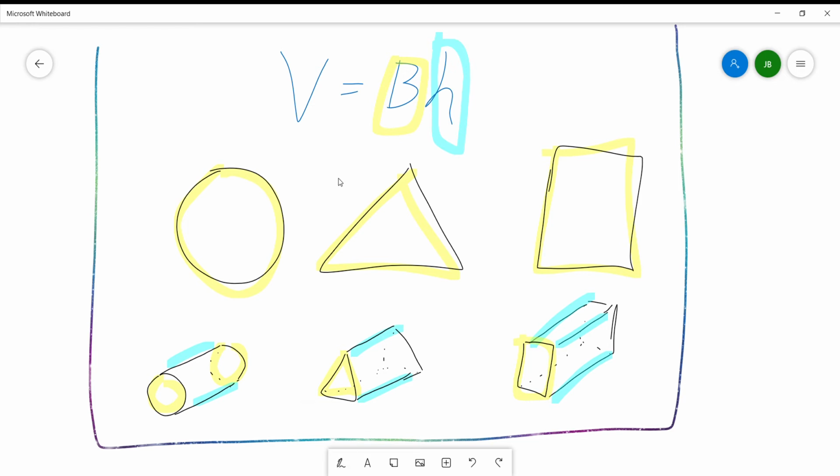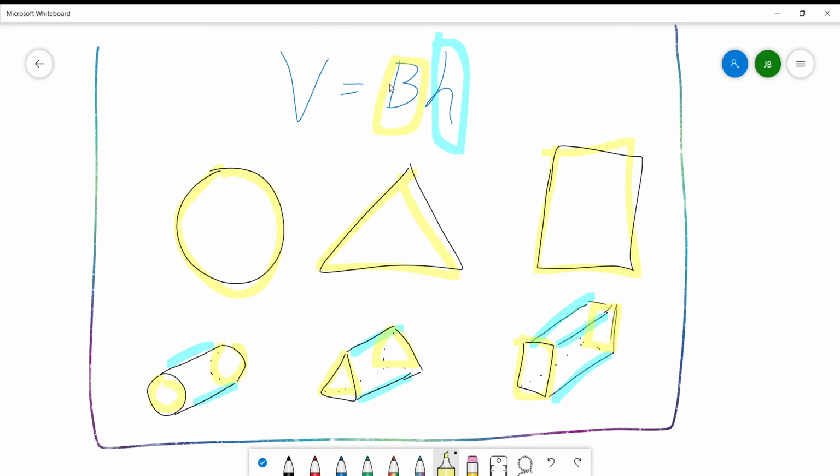Now, this is the generic formula to calculate the volume for any figure like this, where we have a base that is a two-dimensional shape and it's at two different ends. So there's two ends with the base, and then between those two ends is just a bunch of length, a whole bunch of solid. So this is the generic formula that you can use for this, this, and this.